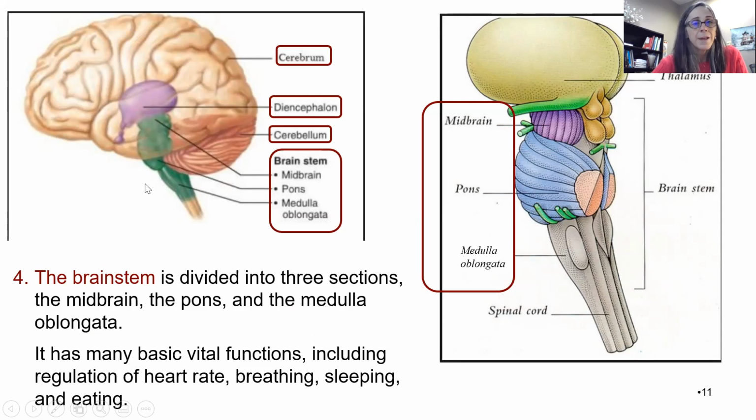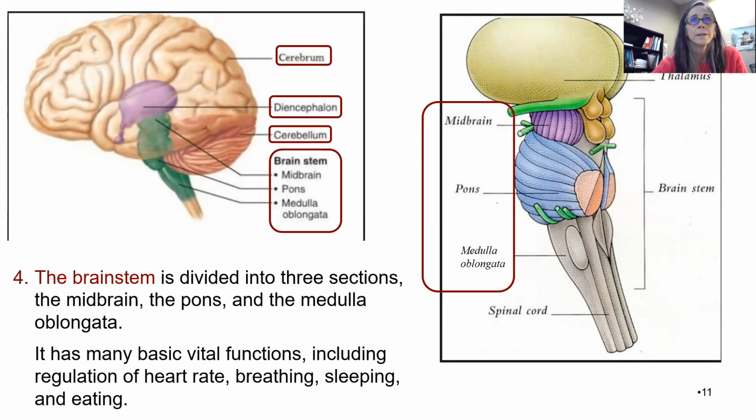They basically relay information from the spinal cord to the diencephalon. But they're very, very important. So that's your pons. The medulla is the most important aspect of it. It's an important autonomic center of the brain.